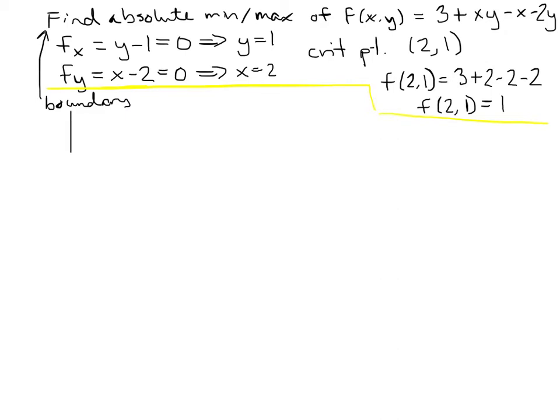So the boundary is, here's my x, my y. It is going to be a triangle that is 5 long there, 1 long there, so it's 4 long along the base, and 4 high.